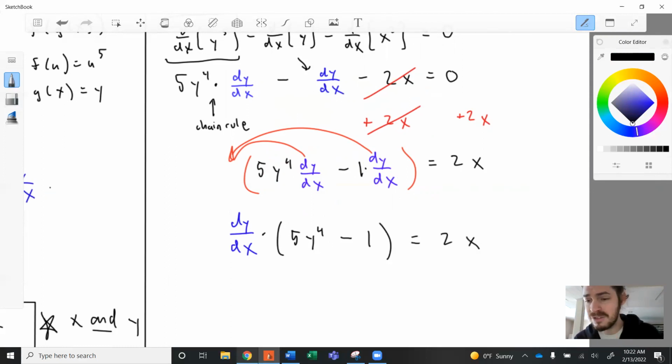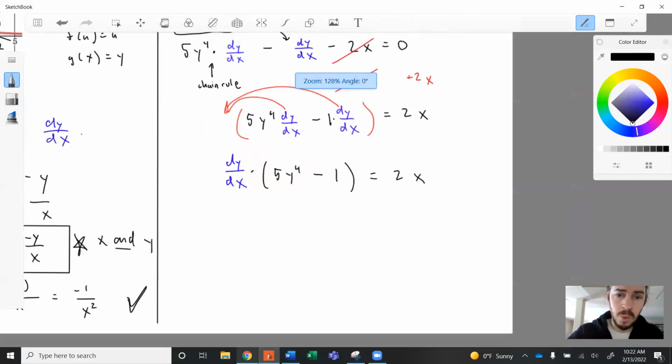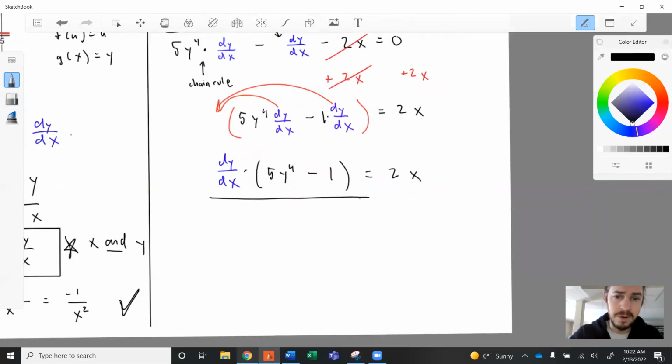The very last thing you can do, and I'm saying this about this example but also about all examples: every time you're doing implicit differentiation, the last few steps are going to feel very similar. Always gather up all the dy over dx terms, factor out dy over dx, and then whatever you have left after factoring out, divide both sides of the equation by that.